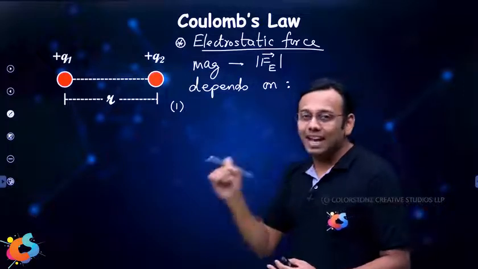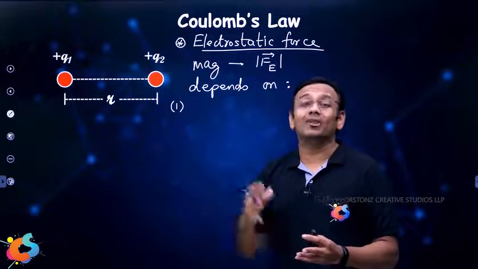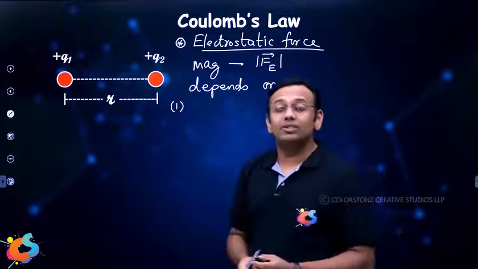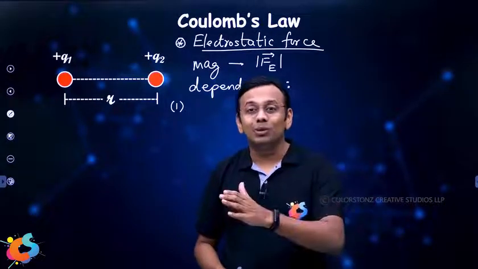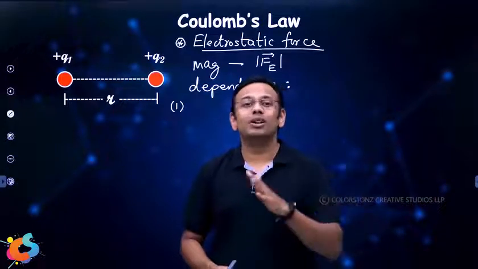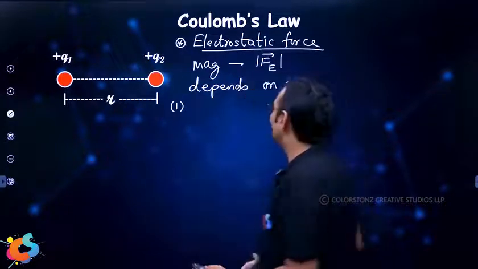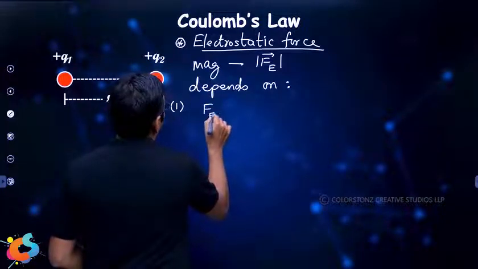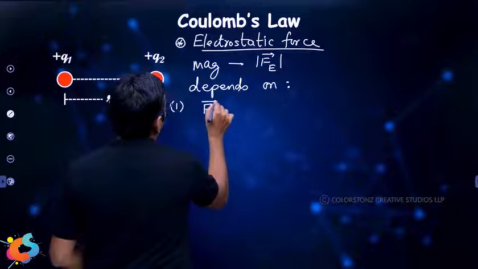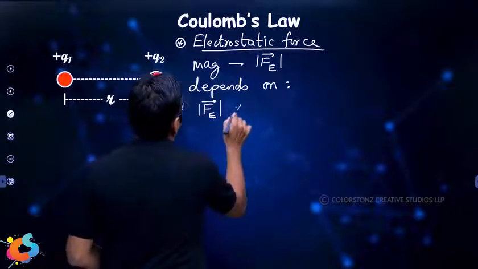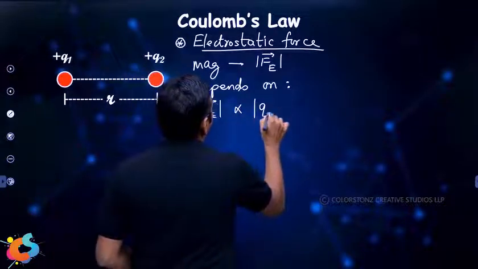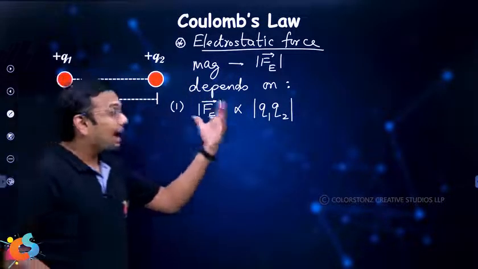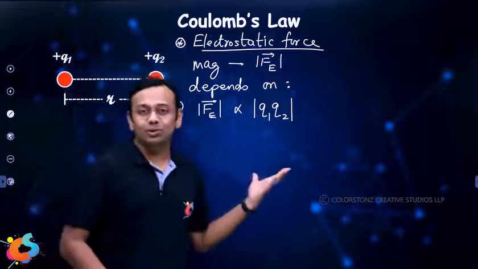Once again, I would like you to observe the analogy which I had given, that is with the gravitational force. In gravitational force also we have the force proportional to the product of masses. Same way here, this electrostatic force, its magnitude is directly proportional to the magnitude of the two charges, or we can say the magnitude of the product of the two charges.